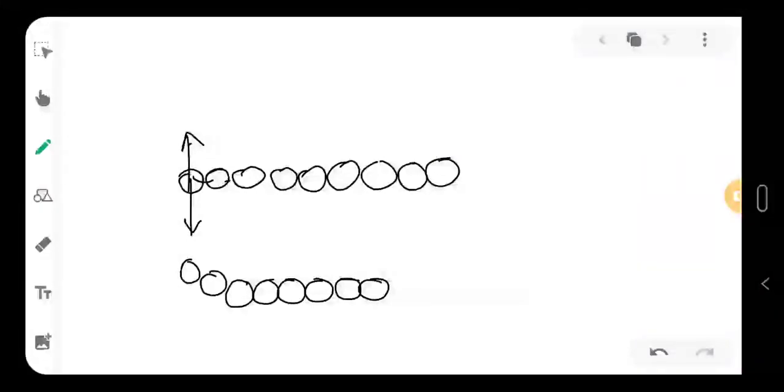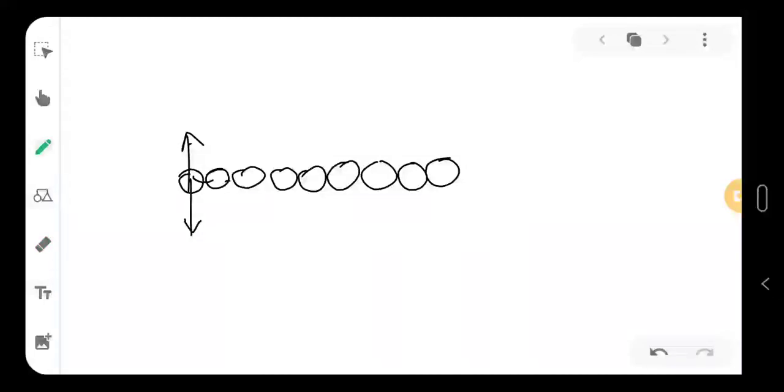Similarly, because the second particle is also holding hands with the third particle, it pulls that particle upward too, so the third particle also moves. If we think about the whole process, the energy of the first particle is being transmitted to the next particles, one after another. What we finally get looks like this.